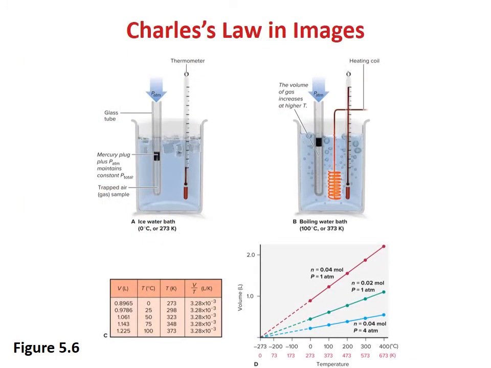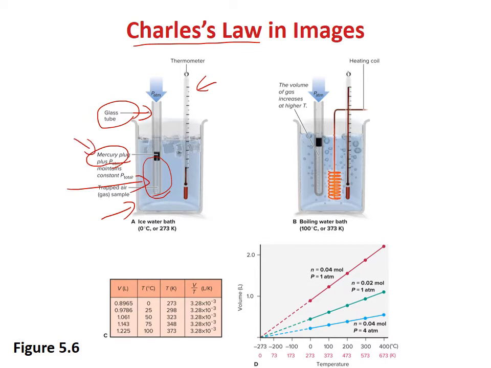Here is a setup that can be used to confirm Charles's law. A water bath with a thermometer to measure temperature, a straight glass tube with a small amount of air trapped by a mercury plug. The pressure of this air is equal to the plug height plus the atmosphere.